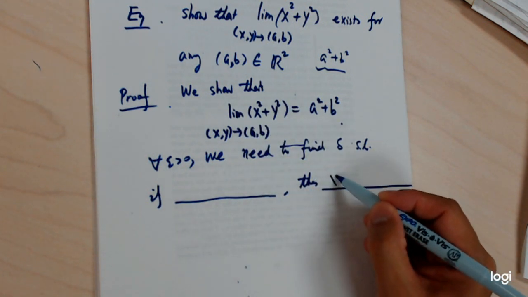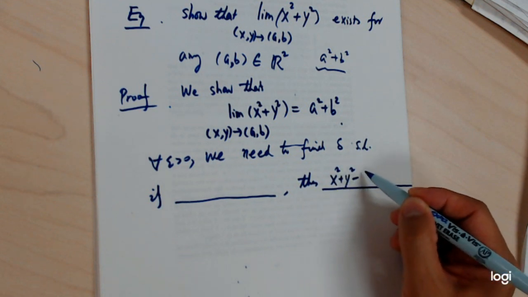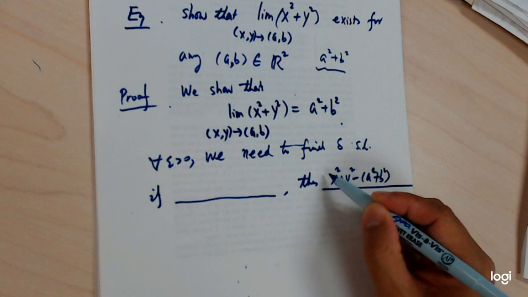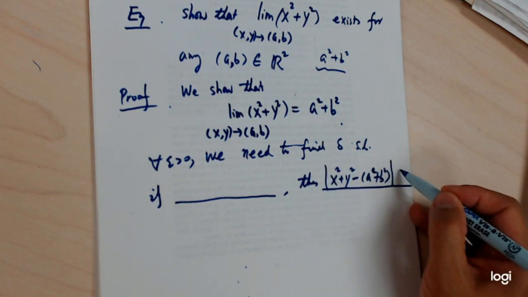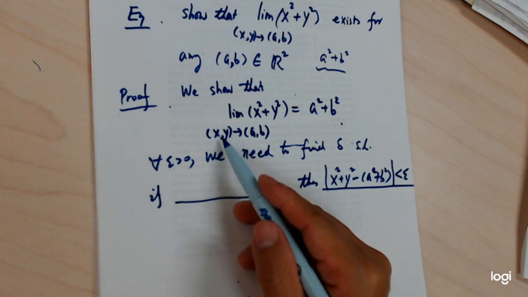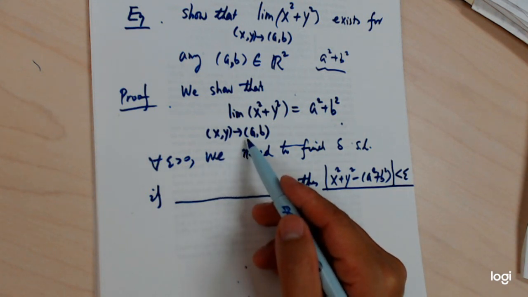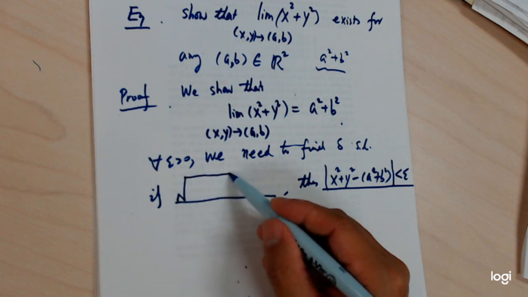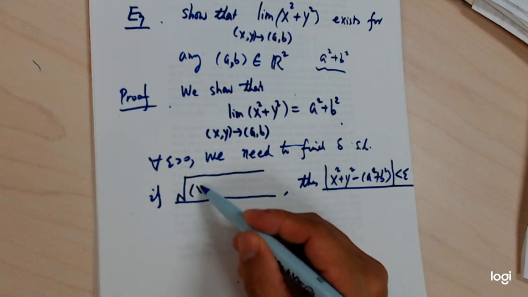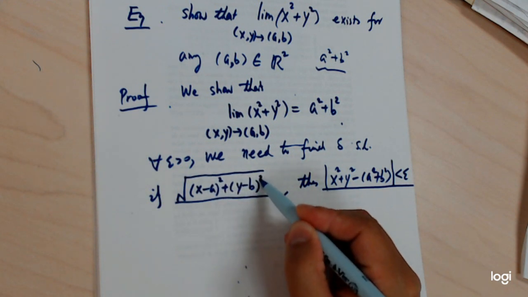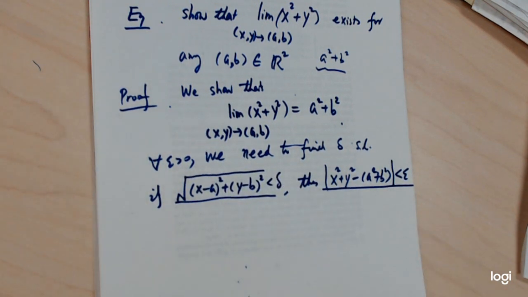So I need x squared plus y squared minus this term, the difference in the function's value, to be arbitrarily small, provided that (x, y) is close to (a, b). Like I said, the way we measure that distance is to use Euclidean distance, less than delta.